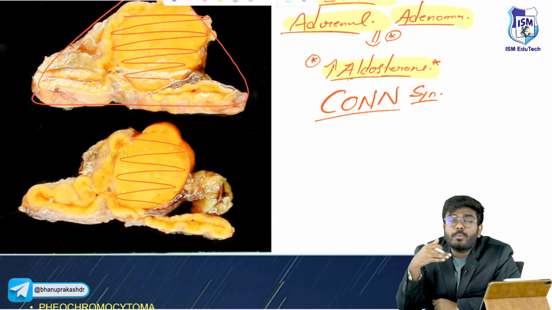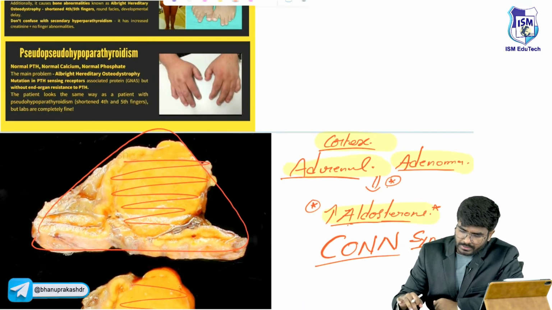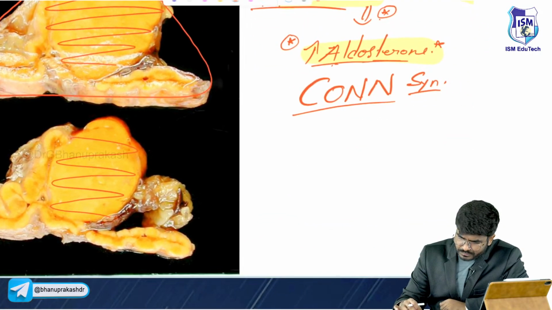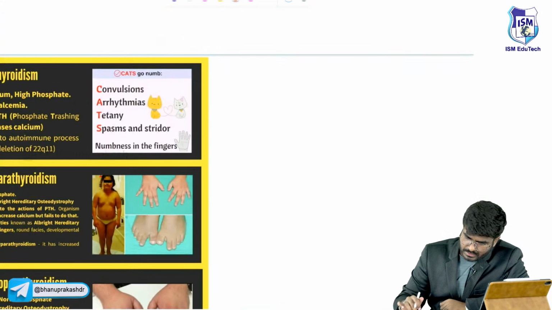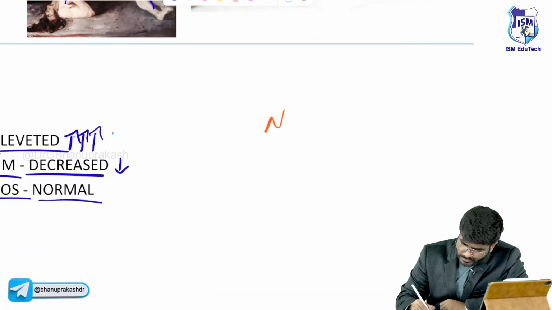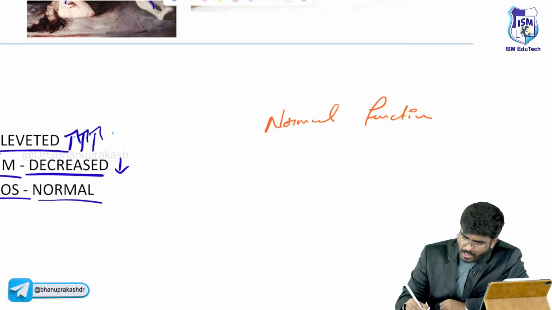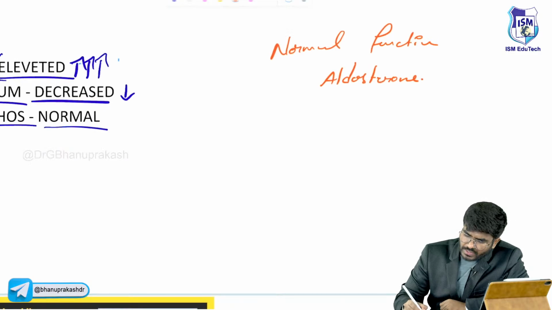Now, whenever there is an excessive amount of aldosterone, what happens to the sodium reabsorption? Let me write here the normal functions of aldosterone. What are the normal functions of aldosterone, sir?